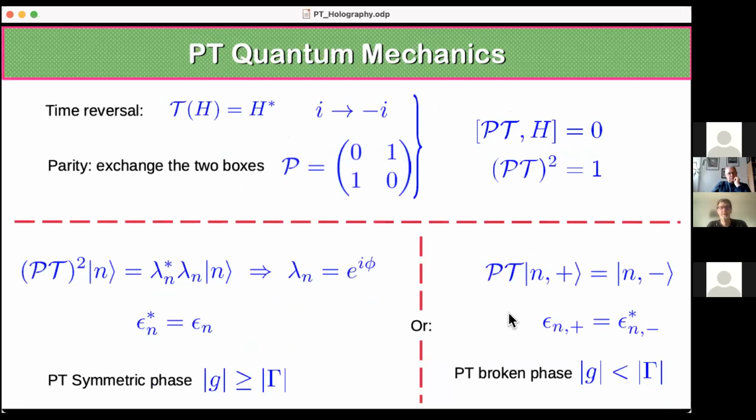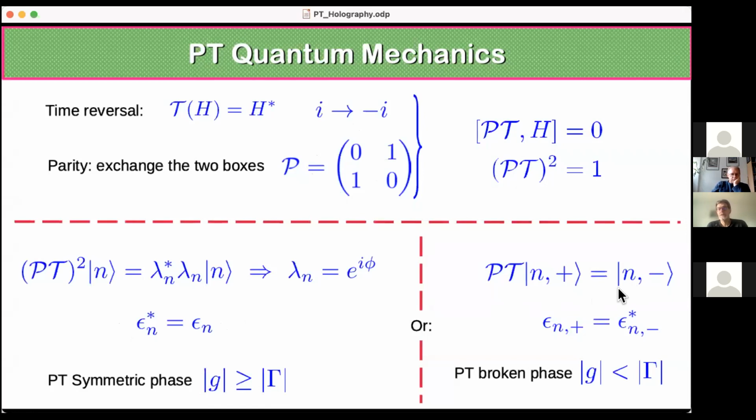So here are the basic features of what this PT symmetry is. It's a time reversal symmetry combined with parity. Time reversal symmetry in quantum mechanics is just complex conjugation, and parity exchanges these two boxes. It's a symmetry, so it commutes with the Hamiltonian and squares to 1. This has the effect that either the eigenstates of the Hamiltonian are also eigenstates of the PT operator, and then the energy eigenvalues have to be real, and this is in fact realized in the PT symmetric regime where the tunneling amplitude is large enough.